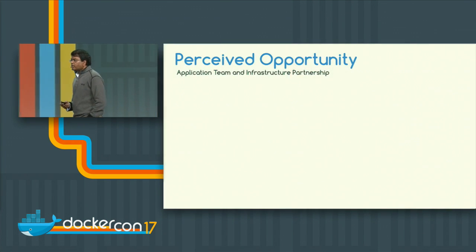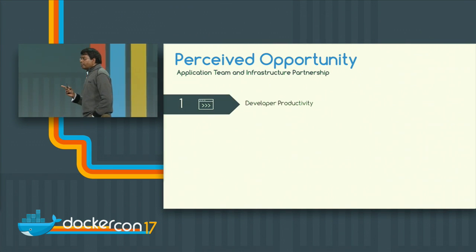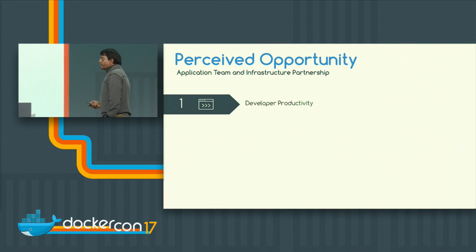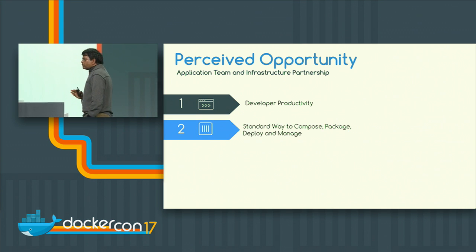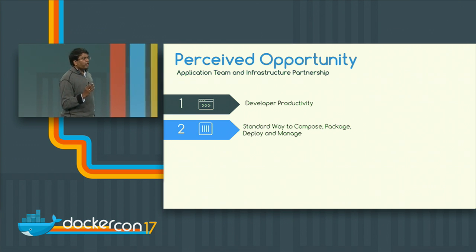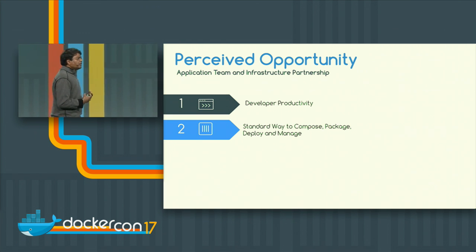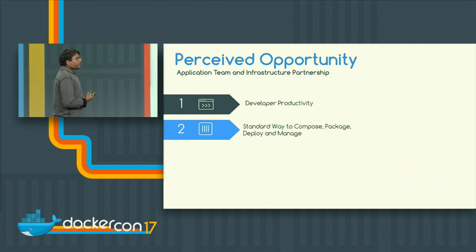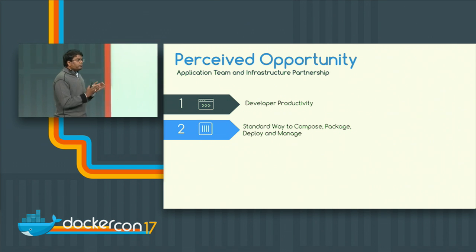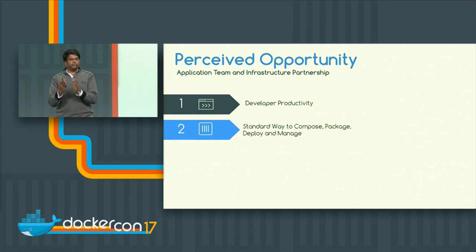When we looked at it, the perceived opportunity was, number one, developer productivity. And the second thing, which was very important to me, was how we can simplify the way we compose, deploy and manage the environment. There were a lot of choices. I could go platform by platform: do it for Java, for .NET, for MongoDB.